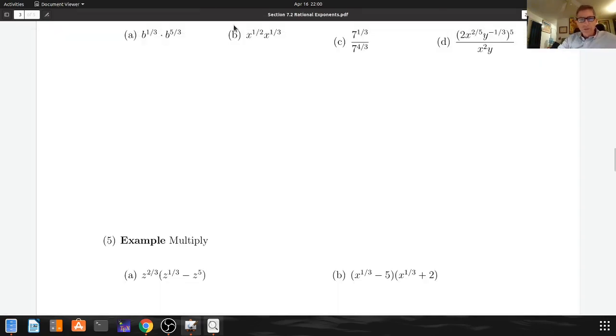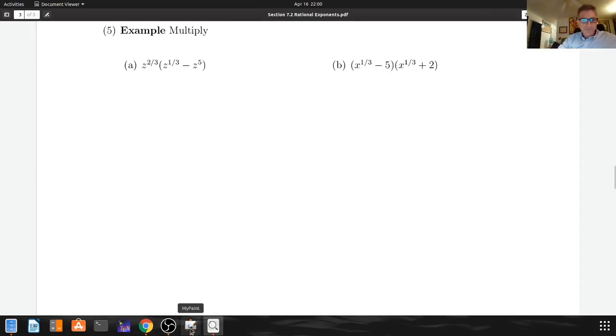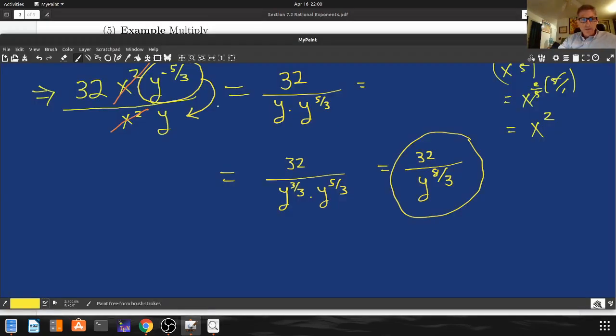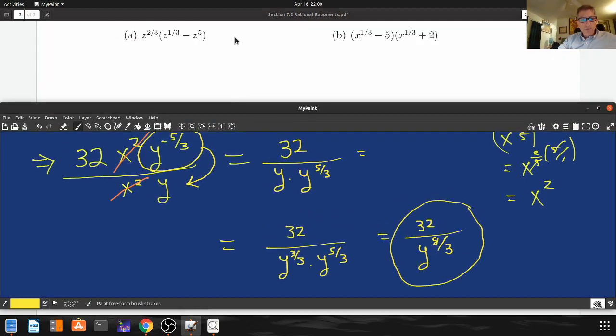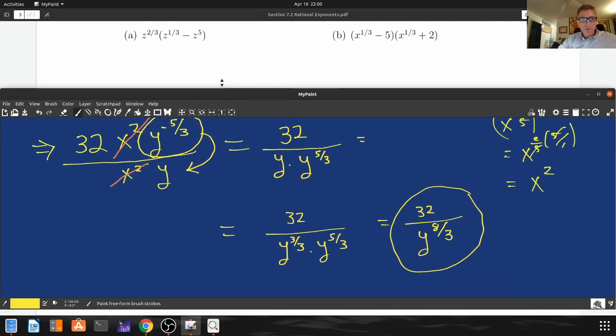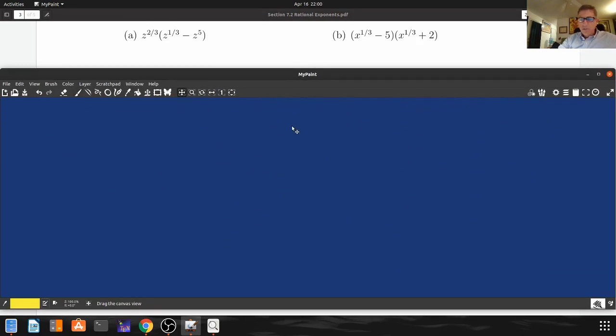So there's some below this. Okay, so we're going to multiply. Again, we're going to be using our exponent rules, so you have to know them well. But really, we're not doing anything that much different than what we've ever done, except we're dealing with fractional exponents.